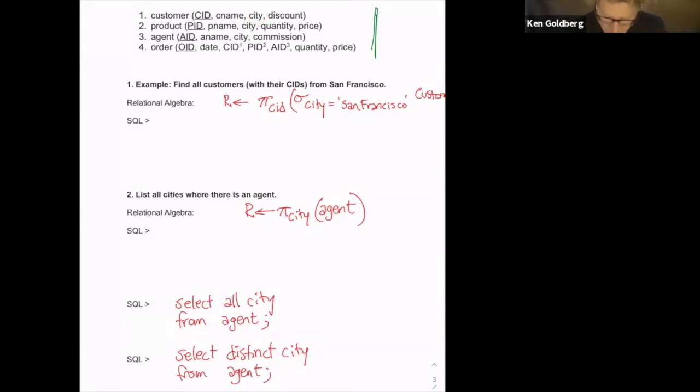The product has the city the product is made in, the quantity we have in stock, and the price that we paid for the product. Agent has the city the agent lives in and the commission the agent receives. When we have an order, we note the date, the customer, the product, the agent, how many of those products, and at what price. Note the order price almost always differs from the product price, because this essentially is wholesale, and this is our retail price.